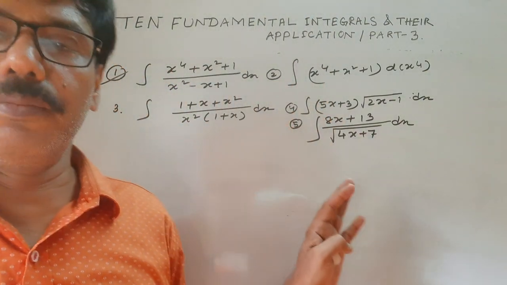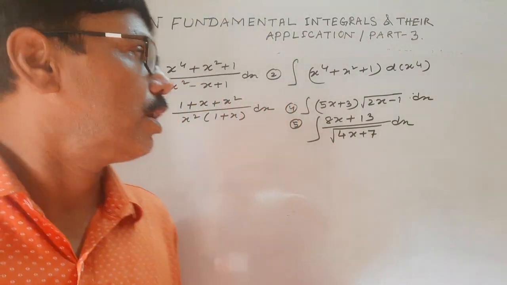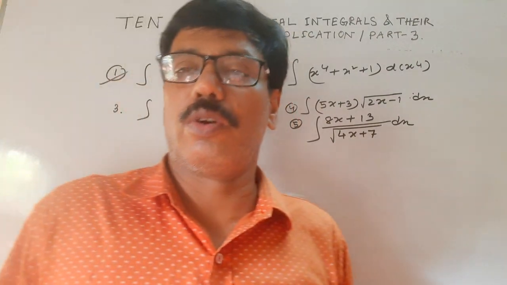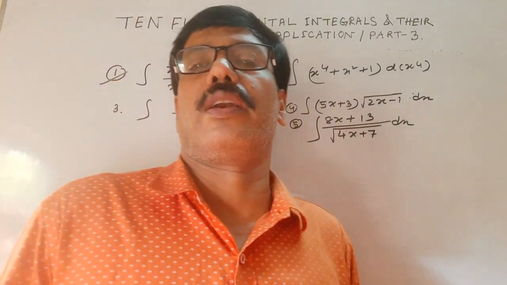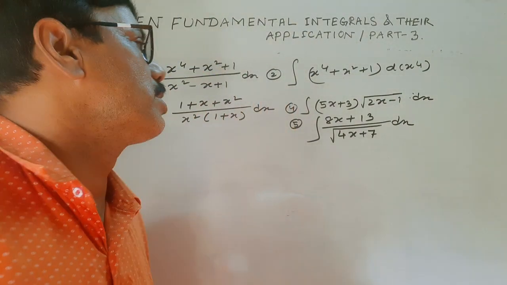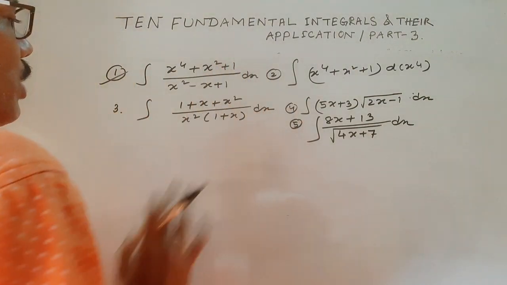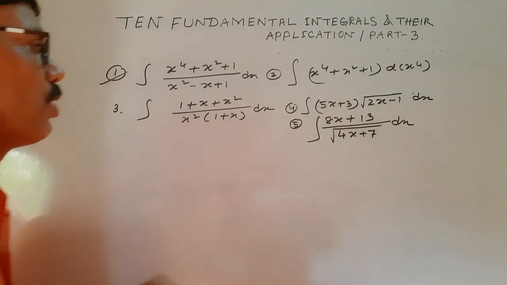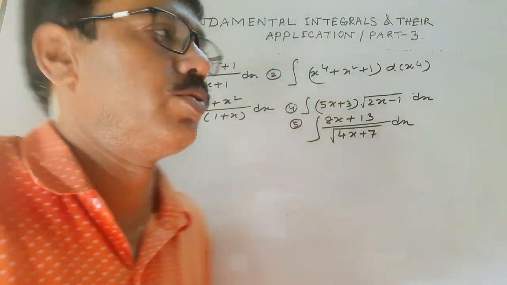In derivatives there is the quotient rule, but so far we do not know any such rule for integration. We know only 10 standard integrals, that is x to the power n. This is algebraic, so simplifying, you have to convert it into standard form.